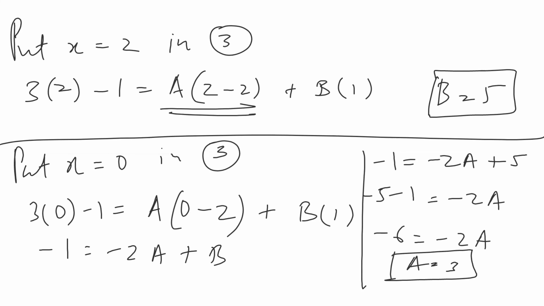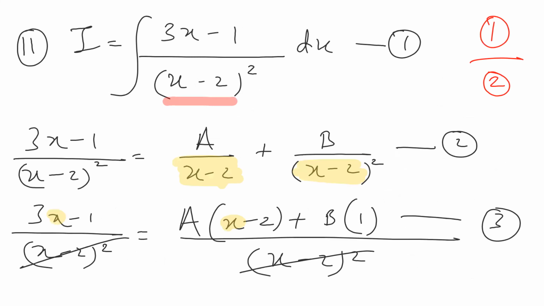Now once we get the value of a and b, where are we going to substitute the value of a and b? We are going to substitute the value of a and b in equation number 2.